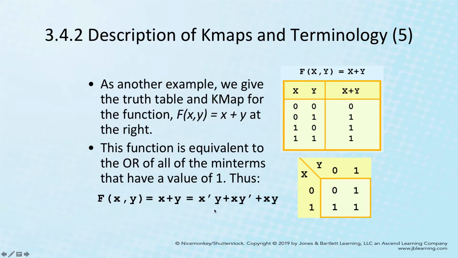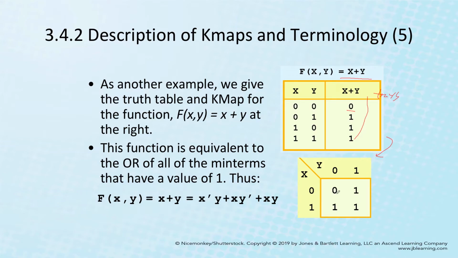Using the K-map, now we find the exact expression of the function. Given the function x or y, the truth table has a 0 and then the rest is 1. But we write it as a K-map.